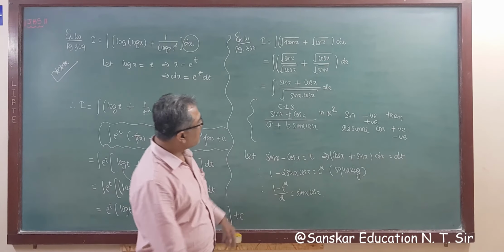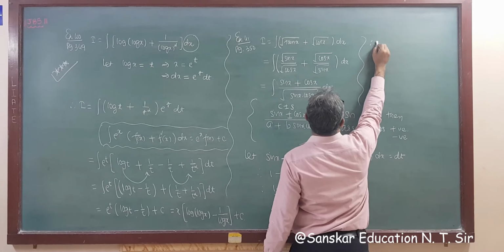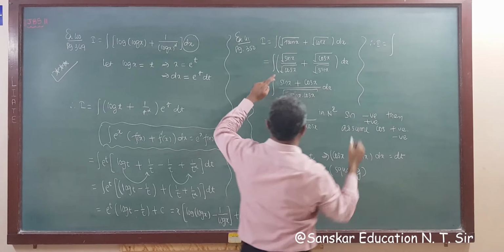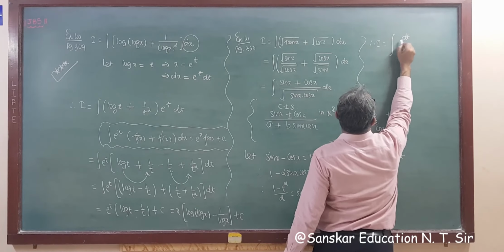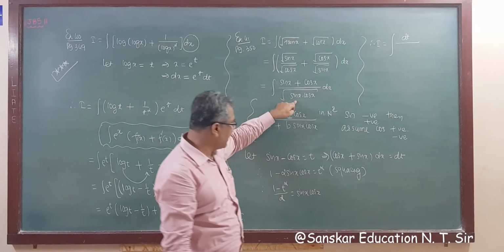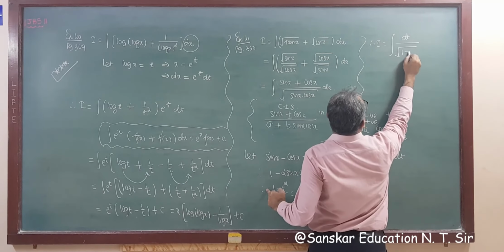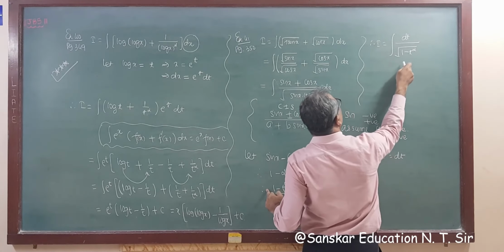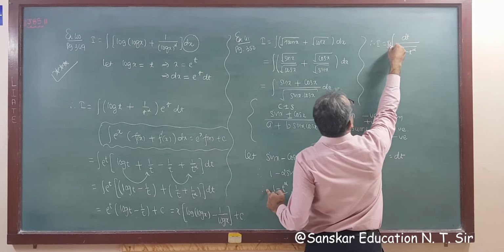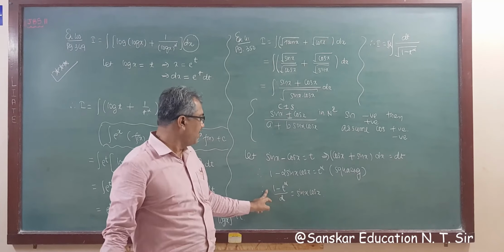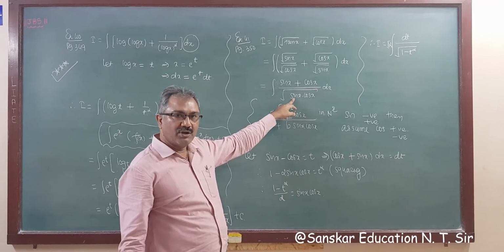So substituting all these values, what do we get? I is equal to the integration of dt, whole upon root of sin x cos x, which is under root 1 minus t square upon 2. I am writing root 2 in the numerator as a constant, because everything is under root.